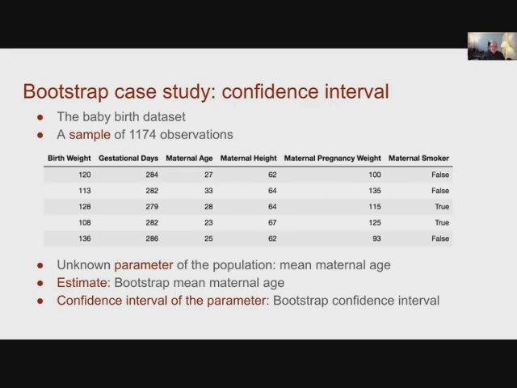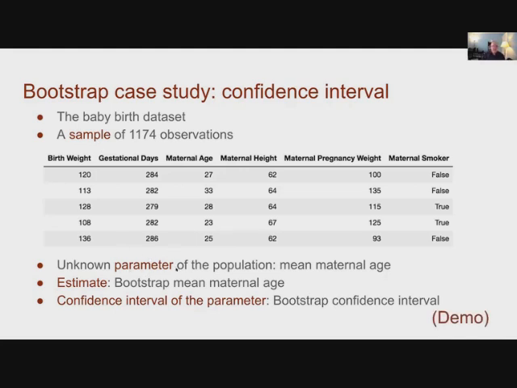This is a sample, because the population is mothers, pregnant women, and the whole population is obviously not all of the pregnant women. So we don't have ground truth in this case.